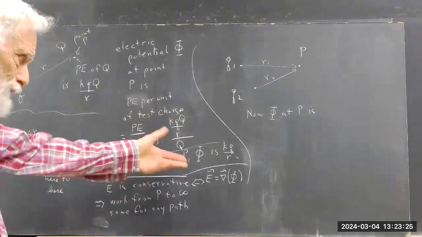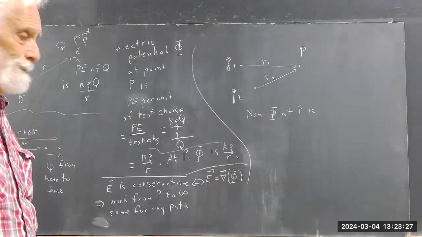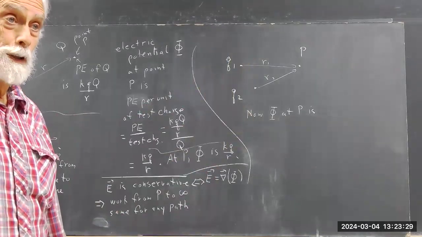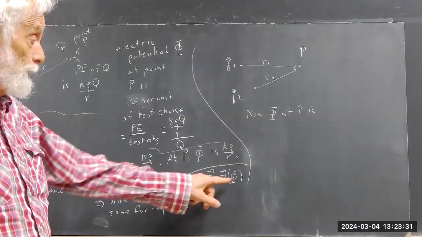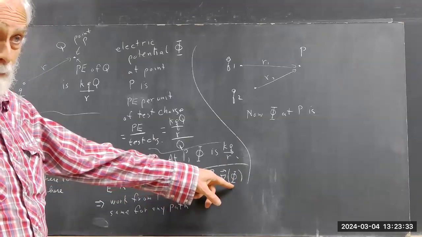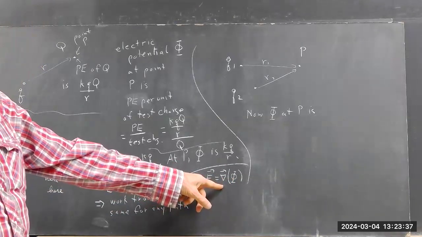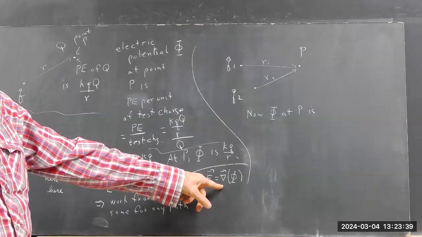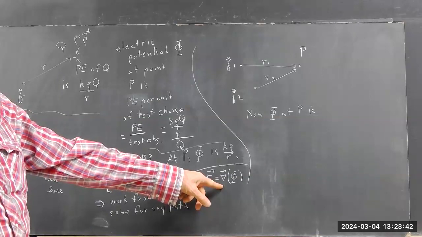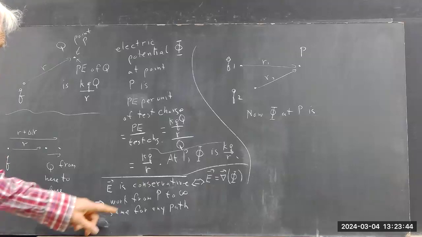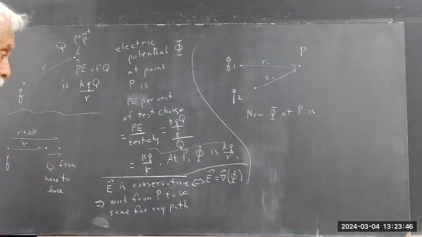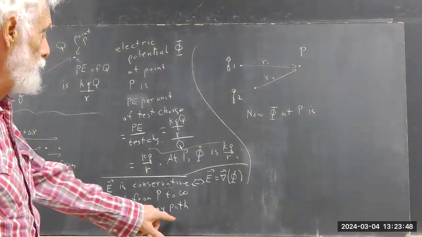Don't worry about that; we just talked about gradient last week. If you have that function phi, you can take the gradient of it, and you should by now have written the gradient operator so many times you can't possibly forget it. Work from P to infinity is the same for any path.